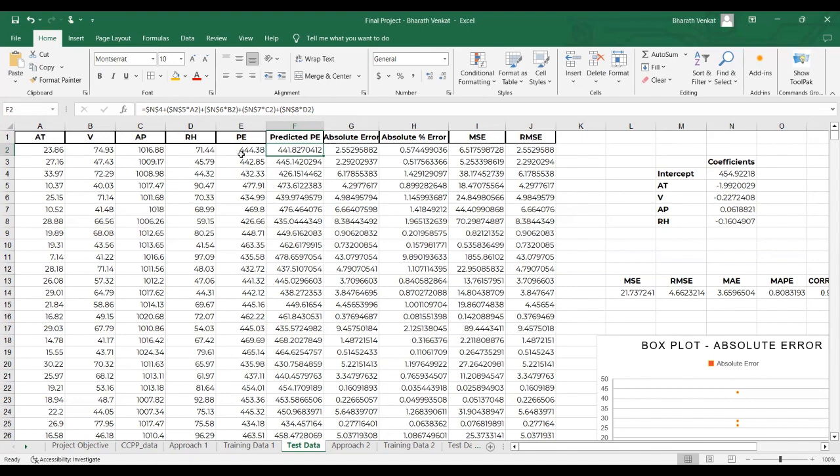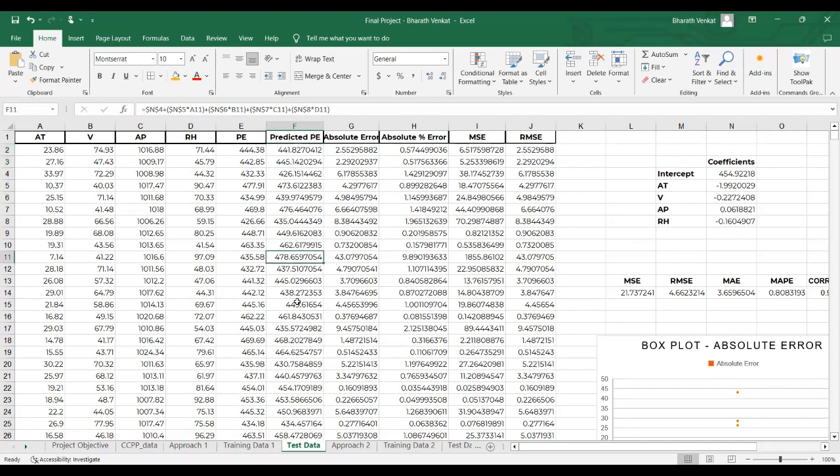These are the predicted values, and these are the original PE values for the test data. The predicted value is based on the equation and the coefficients from the regression analysis we previously did on the training data. Looking at this, the values are pretty close.